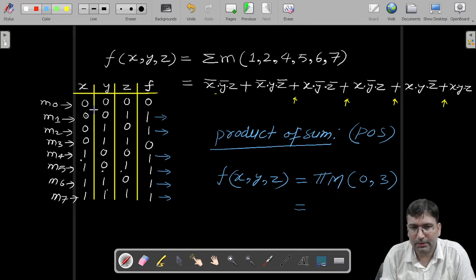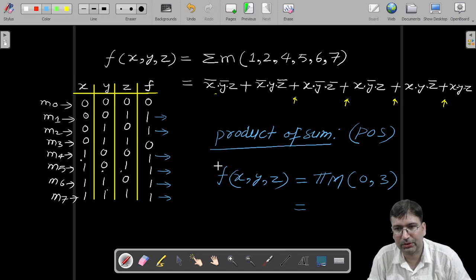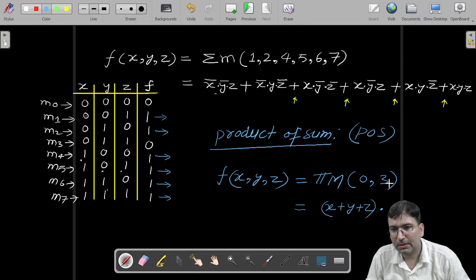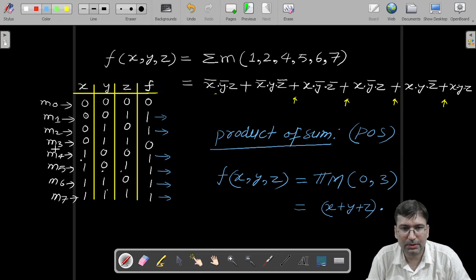So here we treat 0 as x, right? So if we want to represent this 0, we represent x or y or z, and operation 3 will be represented. So 3 is x, y bar, z bar. So x or y bar or z bar.